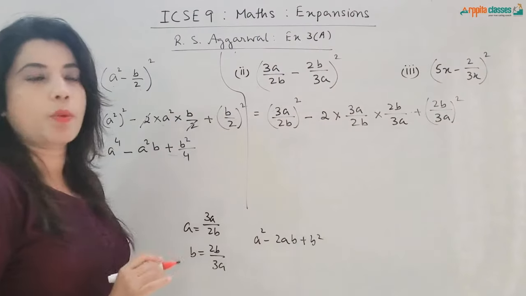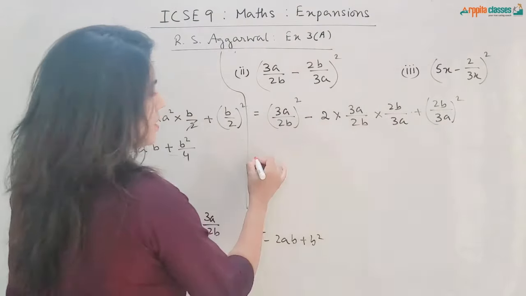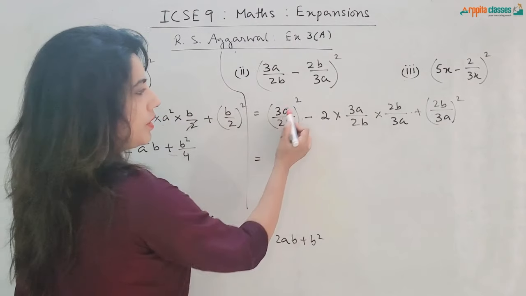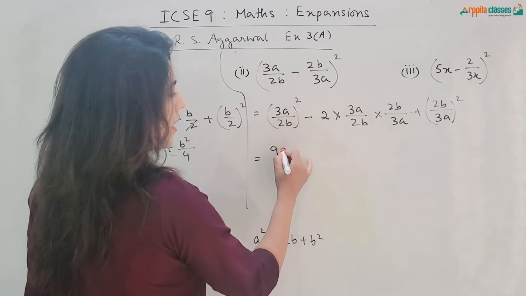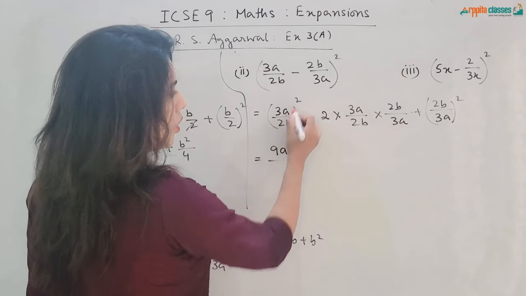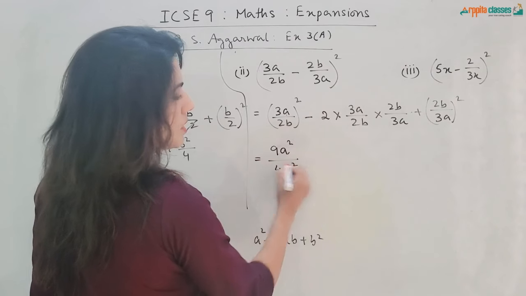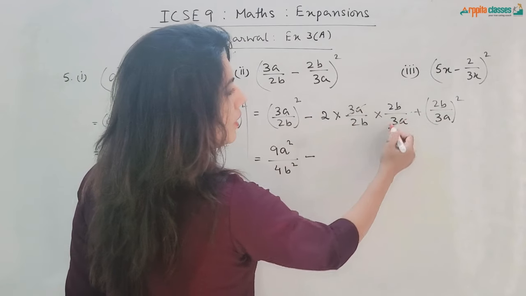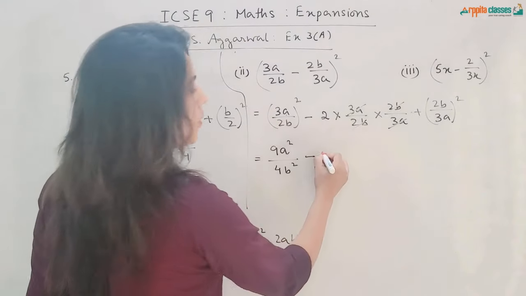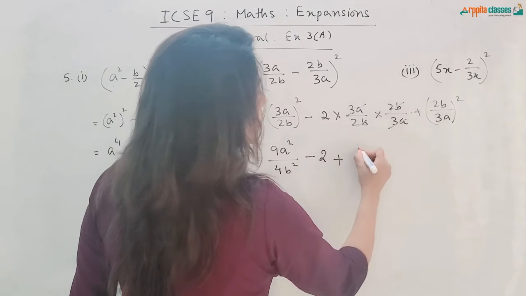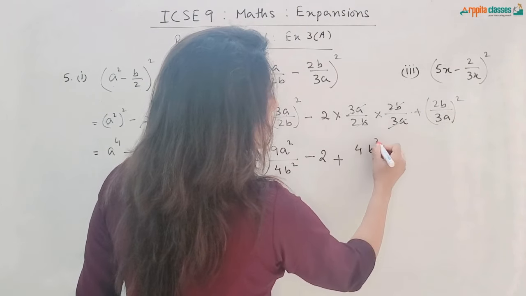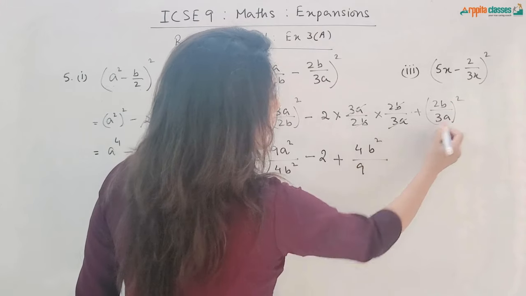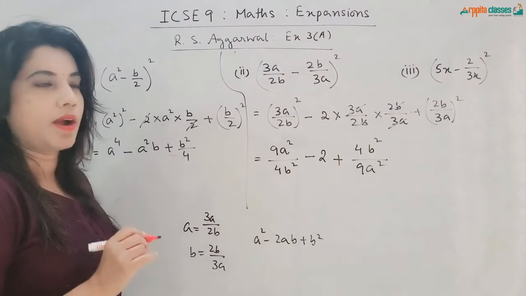So I wrote a square minus 2ab plus b square. Now do the square of it. 3 square is 9, a square is a square divided by 2 square is 4, b square is b square, minus 3 and 3a, 2b and 2b gets cancelled. So we get only 2 here, plus 2 square is 4, b square is b square, 3 square is 9, a square is a square. So this is our final answer.